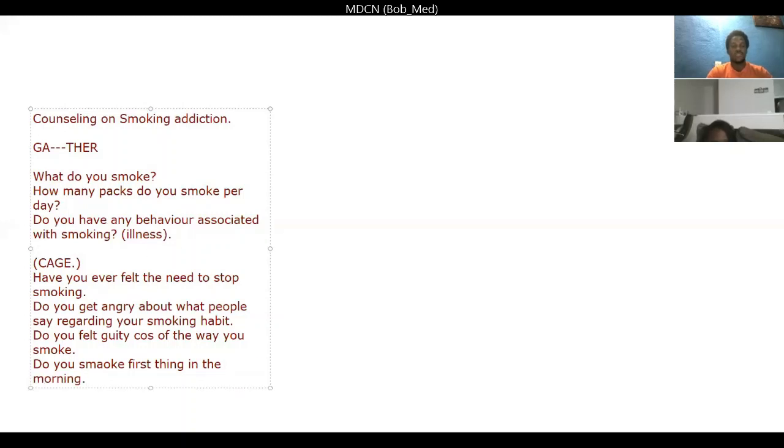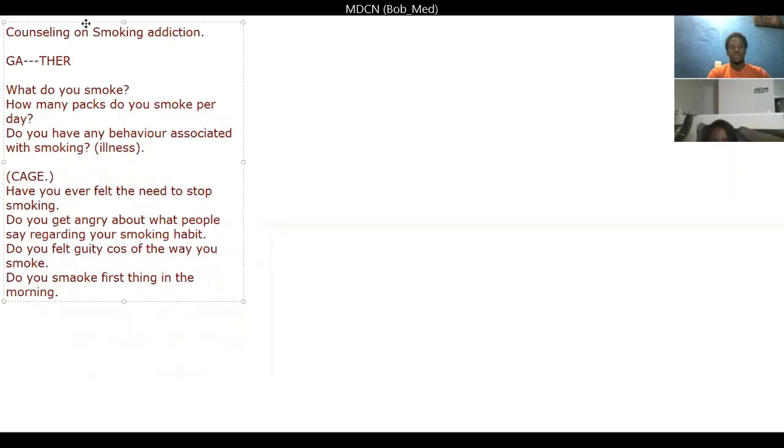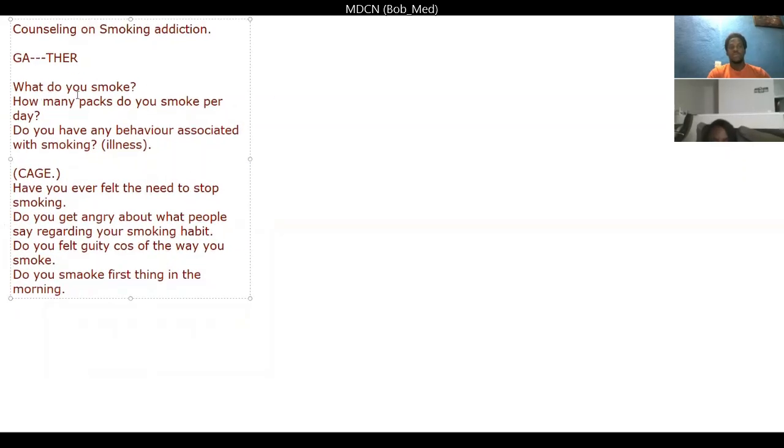So this is CAGE. Mostly you use CAGE when you are doing alcoholism, but you can also ask it. But please, these first questions are necessary. You want to know what the patient smokes, how many packs the patient smokes in a day, and does the patient have any behavior associated with smoking or any illness?